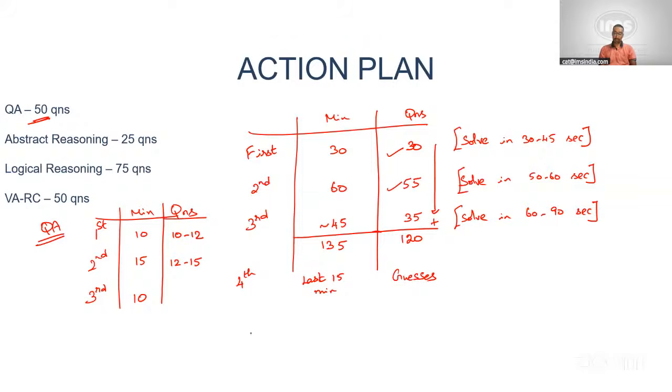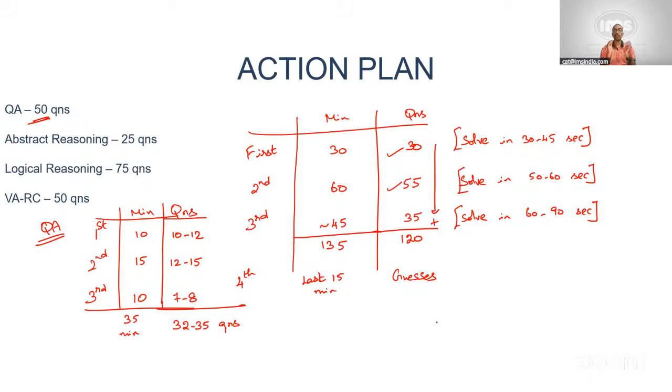And in the third phase of 10 minutes, even if I solve around 7 or 8, I would consider it fairly successful. So in quants, in the first three phases of 35 minutes put together, my target is to solve around 32 to 35 questions.